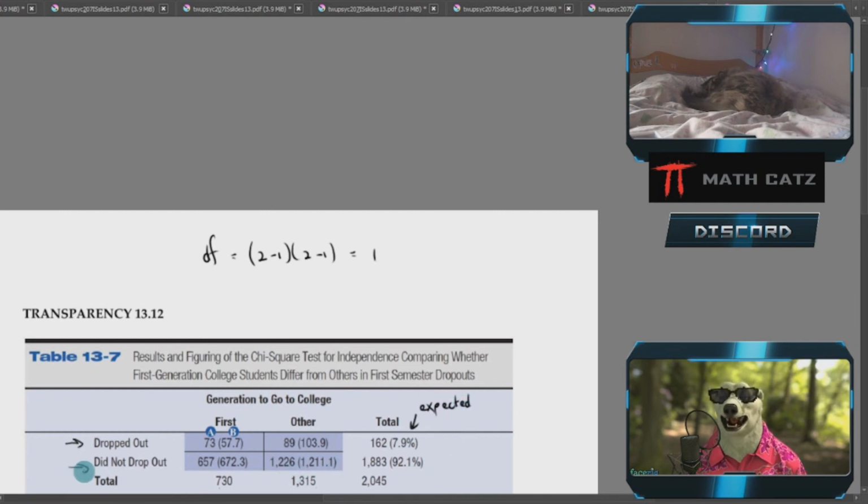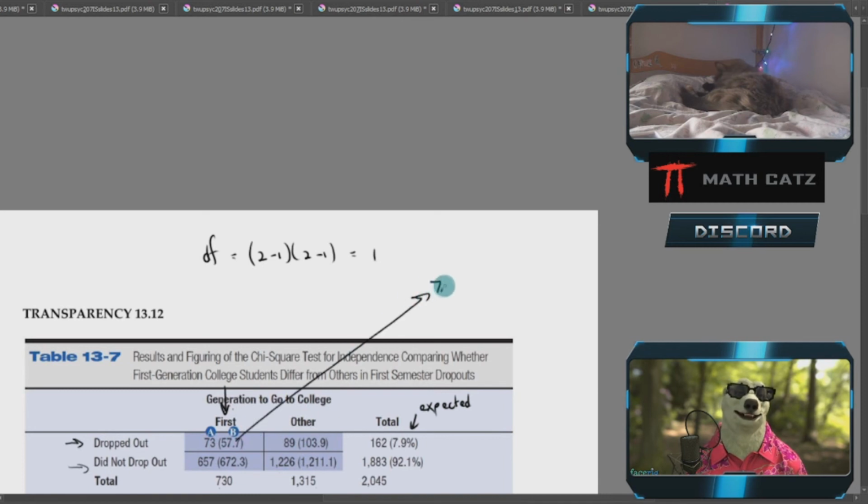I expect 92.1% of people to not drop out if I completely disregard the generation of going to college, first generation or not. So then I go to each column and say, if in the first generation column I had 730 people, I expect 7.9% of them to drop out. That's this one over here.